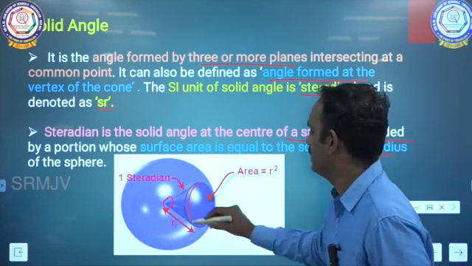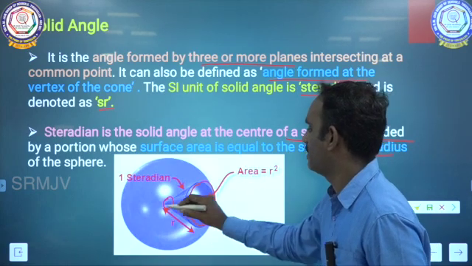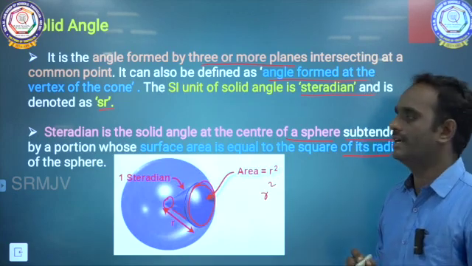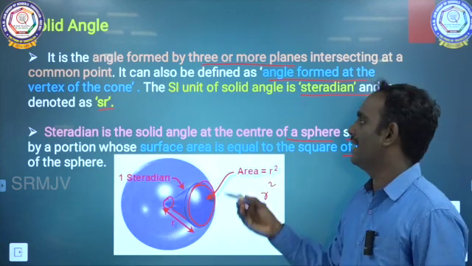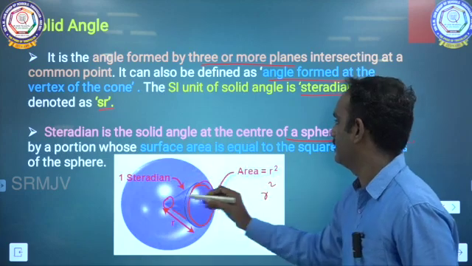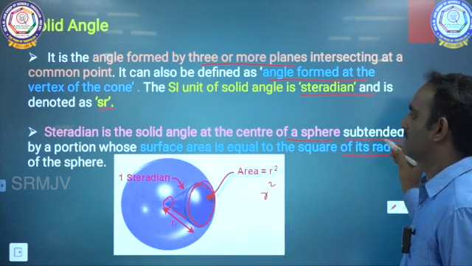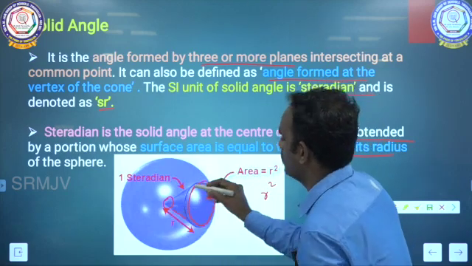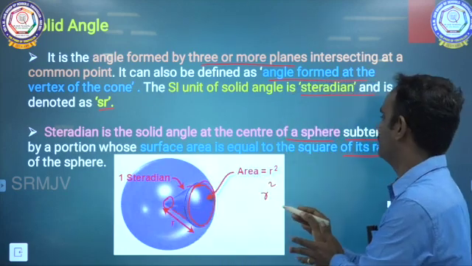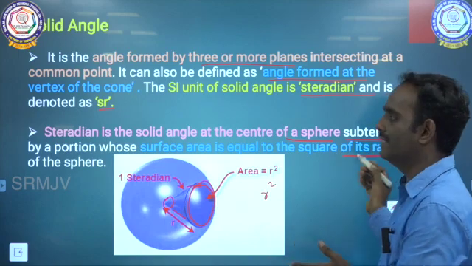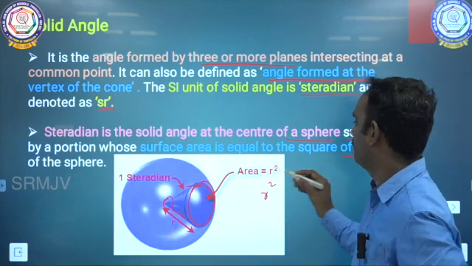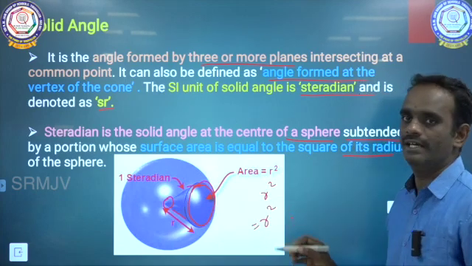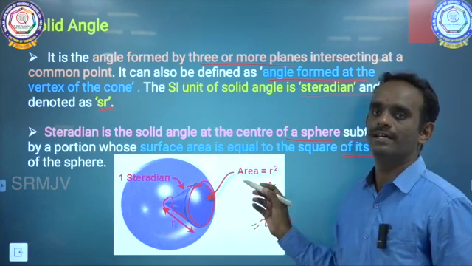So, see here, this is the area, this is R and this total area equal to R square. So, this is one small portion whose surface area is equal to the square of the radius, area equal to R square, clear?